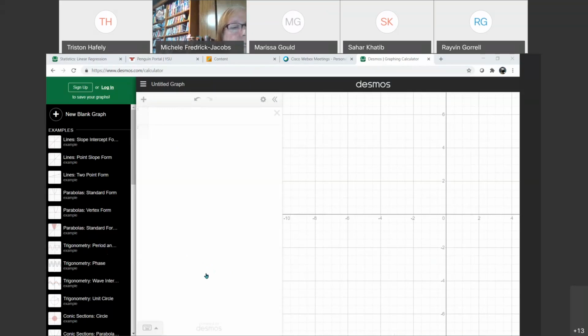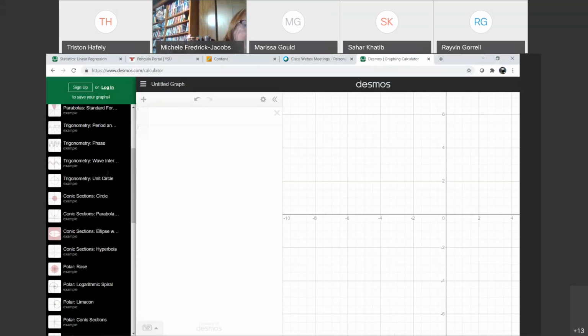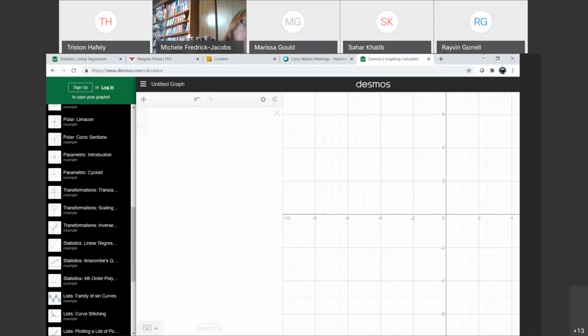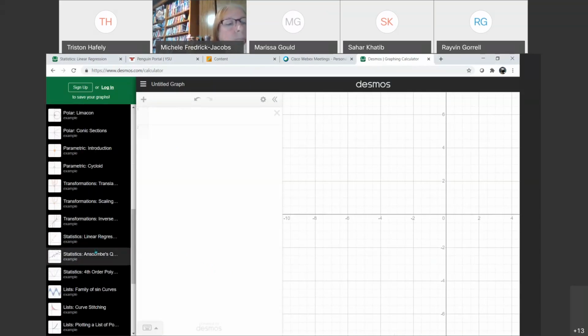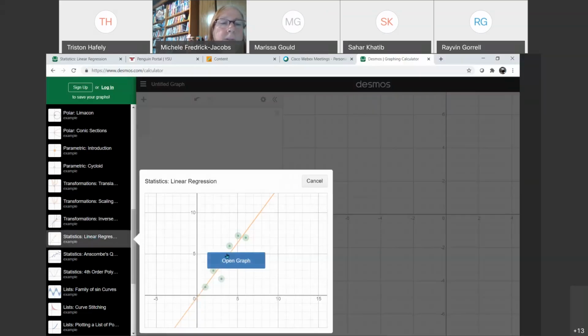You have to scroll down until you see statistics, which is right here. There's 3 of them, but we use the first one, linear regression. A trend line is a straight line and R squared is regression. So it's the first one here, and it's going to give us an example. You click on it and click on Open Graph.